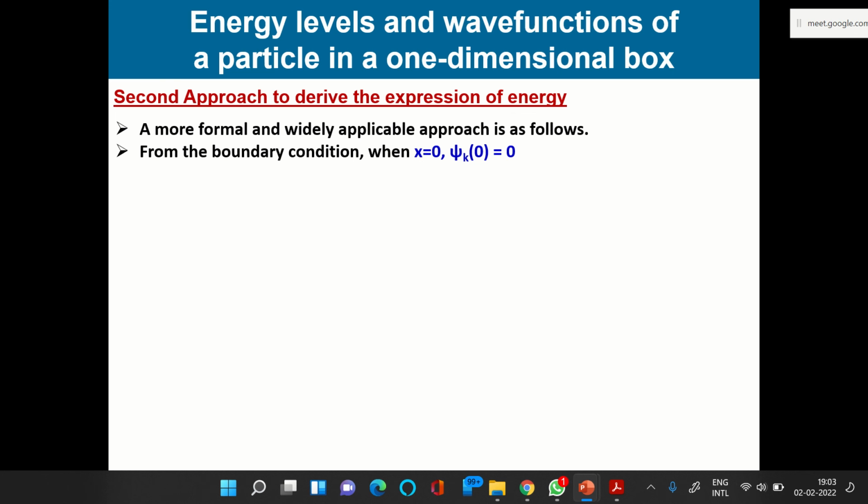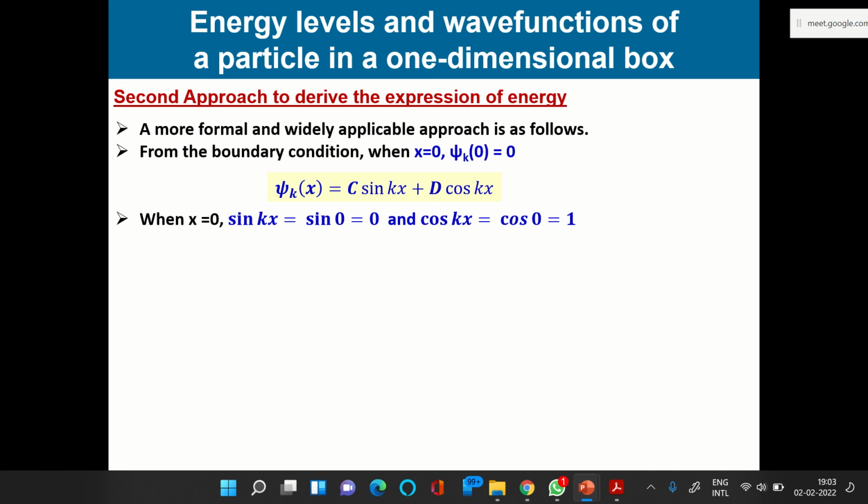In this one, you apply the boundary conditions. At x is equal to 0, the value of the wave function must become 0. This was the wave function that we have written, c sine kx plus d cos kx, as the general one. So when x is 0, what will happen?